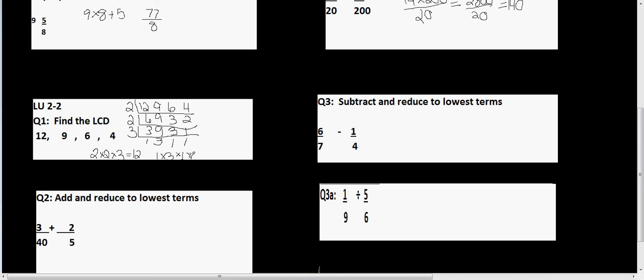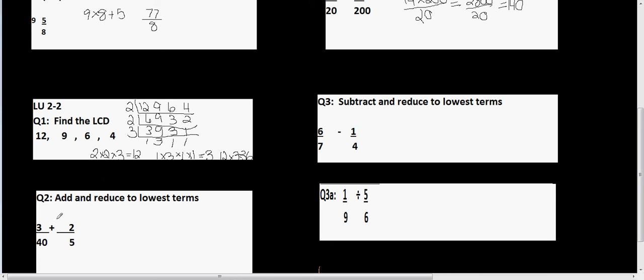And we find out that this results in 3. Now what you have to do is take the 12 times the 3, and the answer is 36. 36 is the lowest common denominator for which all 4 of these denominators will go into.